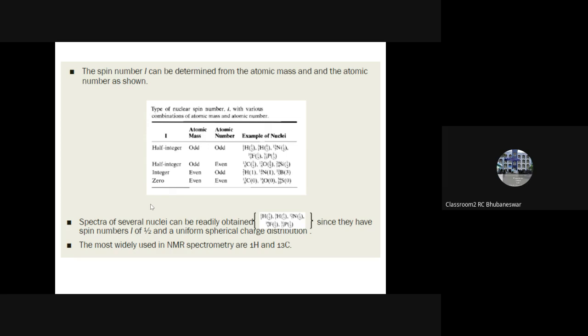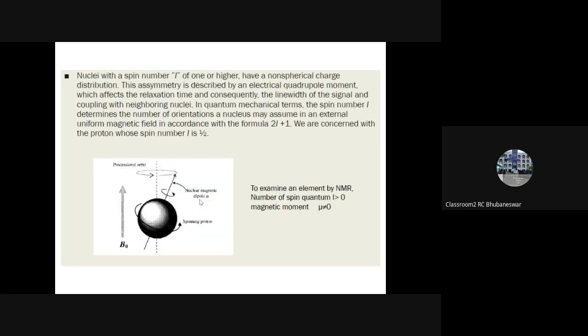So the spectra of several nuclei can be readily obtained since they have spin numbers I of half and a uniform spherical charge distribution. The most widely used NMR spectroscopies are C13 and proton NMR.